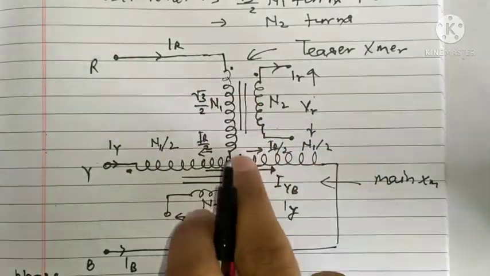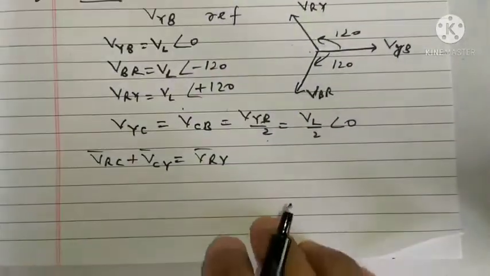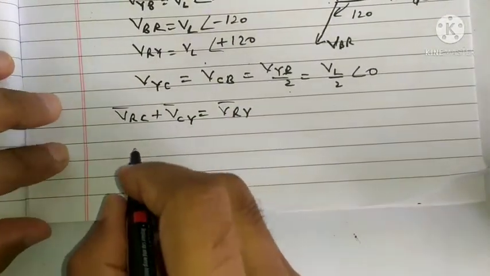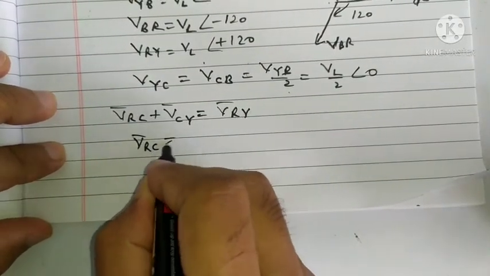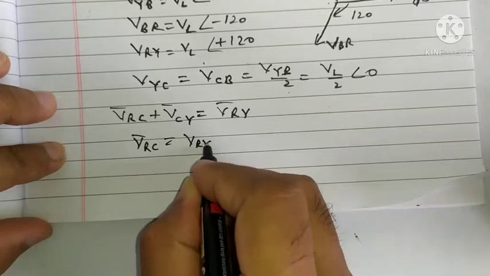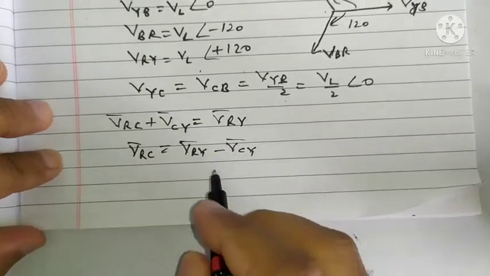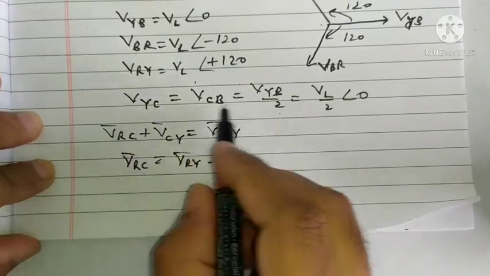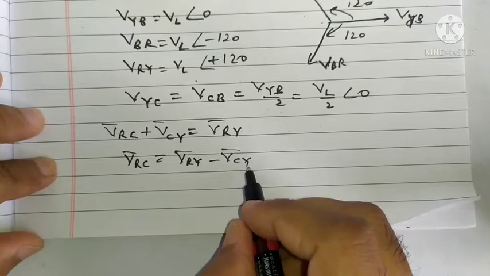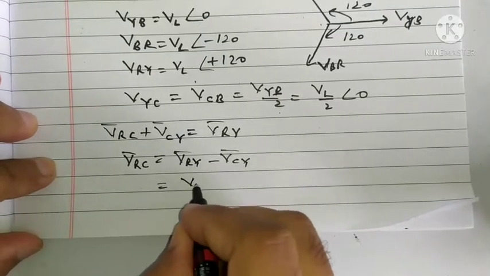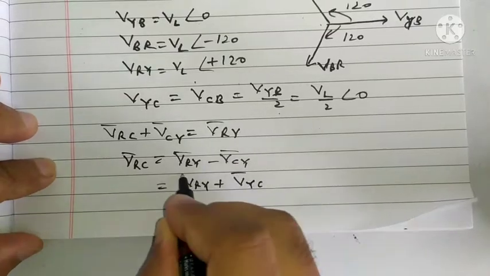So for that I will find VRC in terms of main winding voltage. So VRC will be VRY minus VCY. So VYC is VL by 2, so I can write VCY as minus VYC. So it will be written as VRY plus VYC.